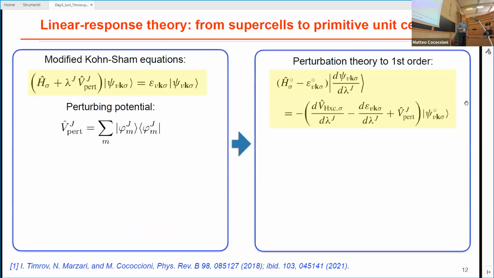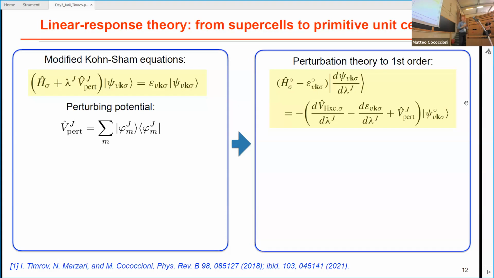So this is the final slide to explain the shift from supercell to primitive cell. This is our original modified Conjugate equation and the perturbing potential. We use perturbation theory to first order, and we expand in Taylor series all quantities here, like the Hamiltonian, wave functions, and eigenvalues.